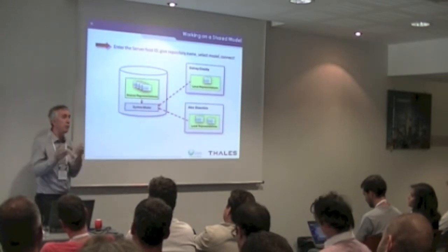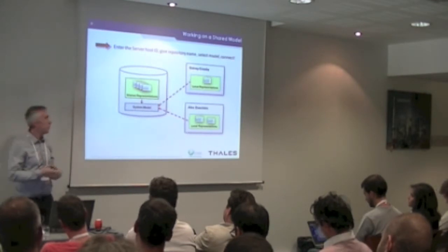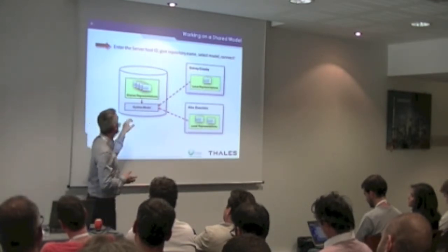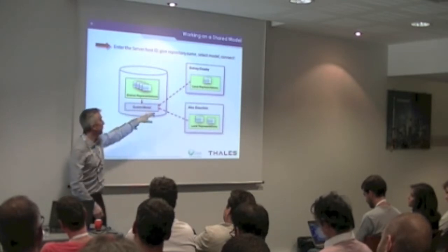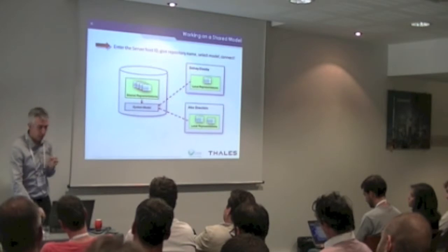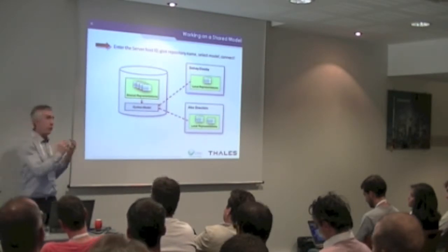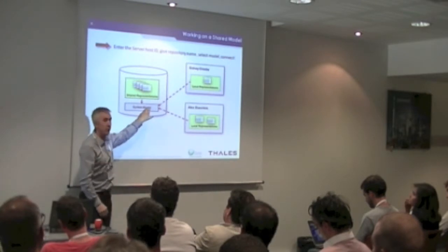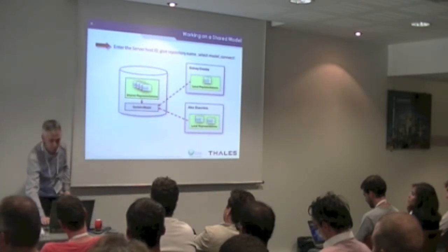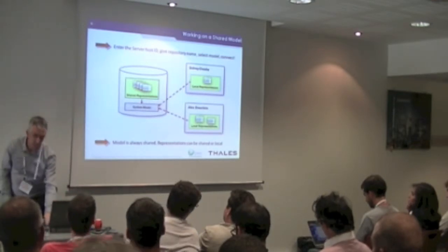I don't need to publish it, and it's just something I use to work. So there is a need to have both shared and local representation with move functionality between them. And even the local representation refers to the shared model element. So the model is always shared, representations can be shared.